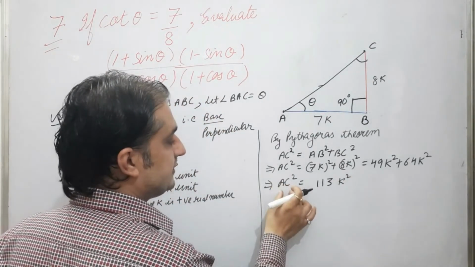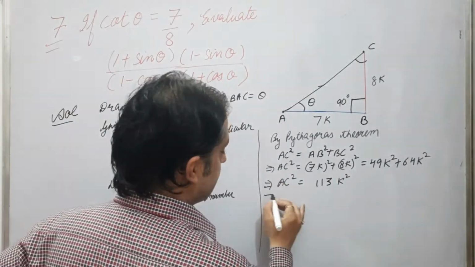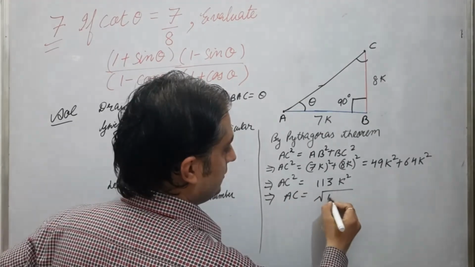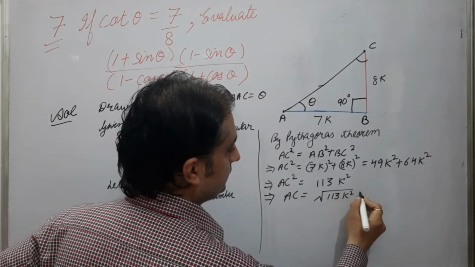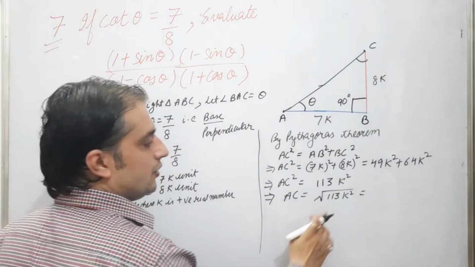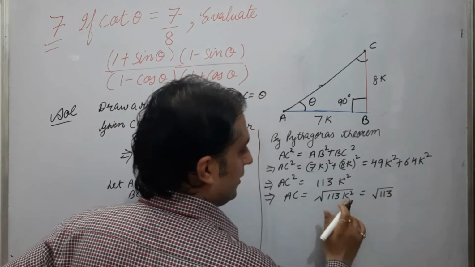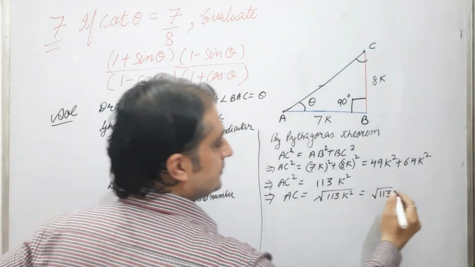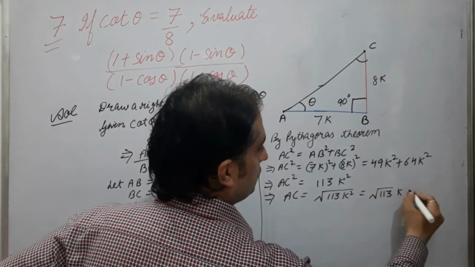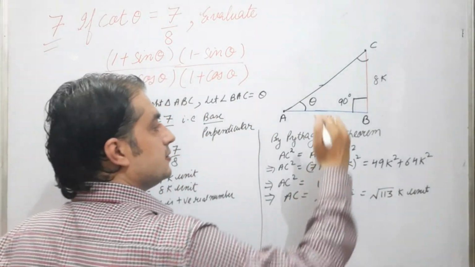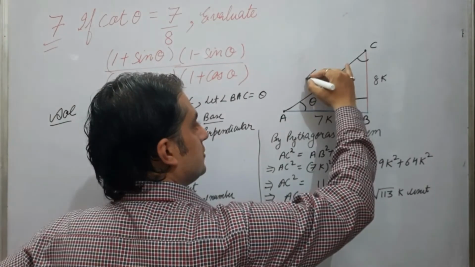Find the value of the side. It implies AC is the square root of this number. So the square root of 113 you can write as it is, and the square root of k square is k. So this is the length of AC.